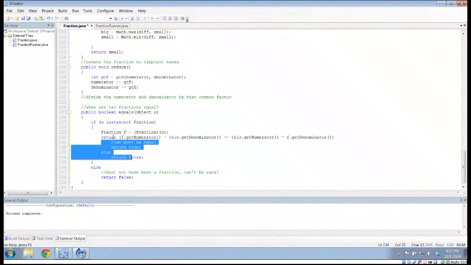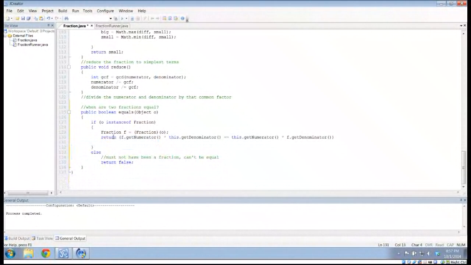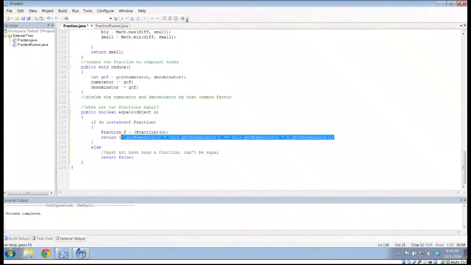If it's true, I'm going to return a true. And if it's false, I'm going to return a false. And so it just saves space to write it like that. Since I'm trying to test a Boolean expression, I just want to go ahead and return it.